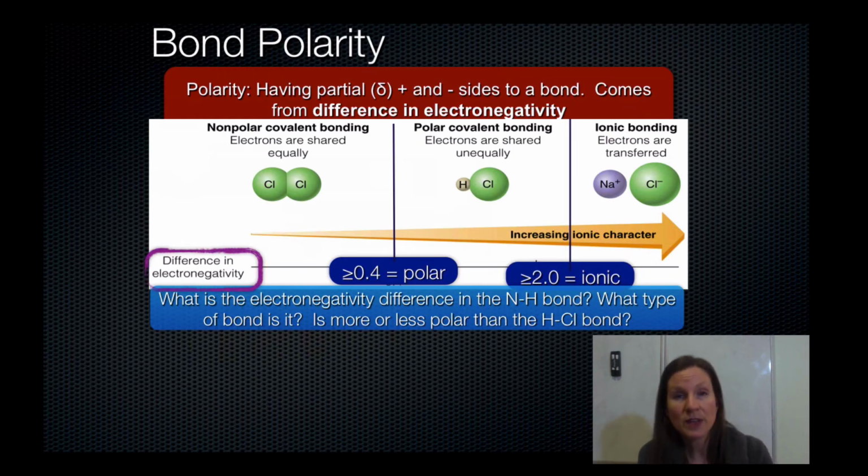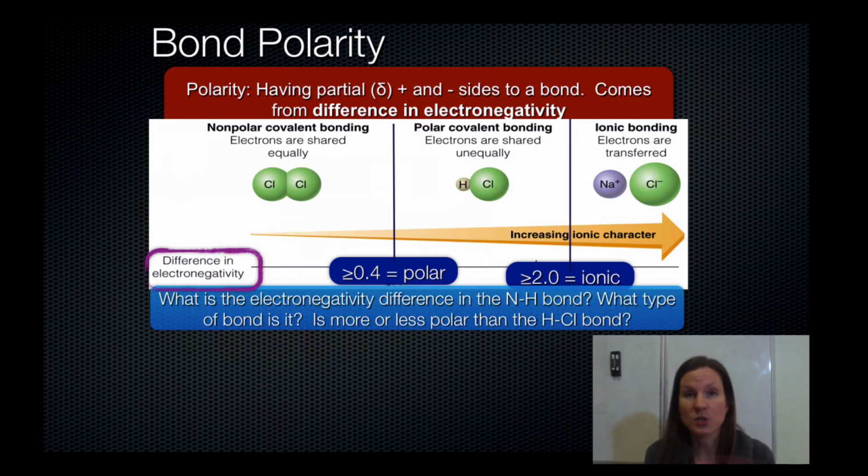So nonpolar covalent, electrons are shared equally, and the difference in electronegativity that leads to an equal share is essentially below 0.4. So 0.3, 0.2, 0.1, those are considered nonpolar covalent bonds, okay? A little bit of difference is still considered nonpolar. And then if you're equal to 0.4, all the way up to around 1.9, then you're considered polar.